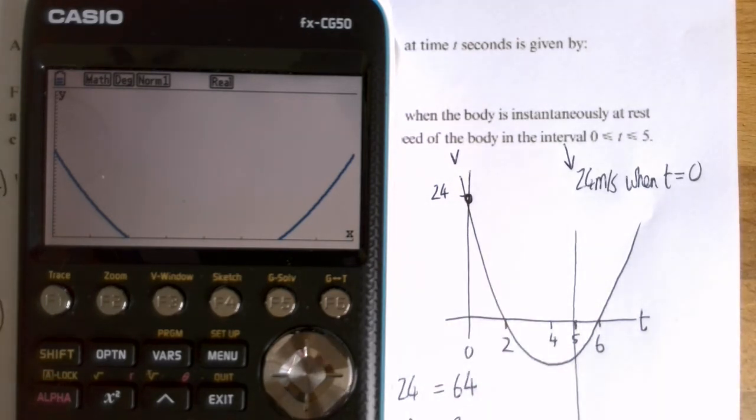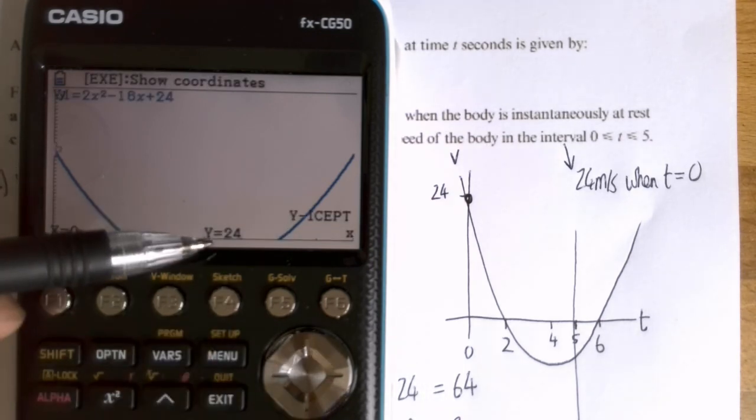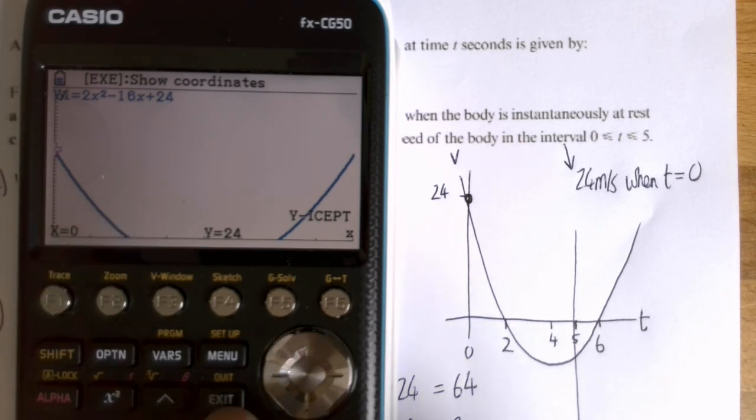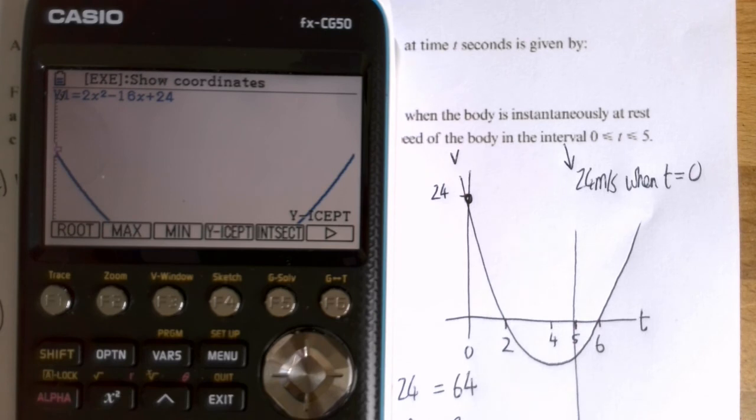And if I press my favourite button on the calculator, G-solve, I can just confirm the y-intercept, which I'm expecting to be 24. Yep, 24. And I never know how to get out of that. I think if you press G-solve again, there you go. And these 2 points here, they're referred to as roots, aren't they?